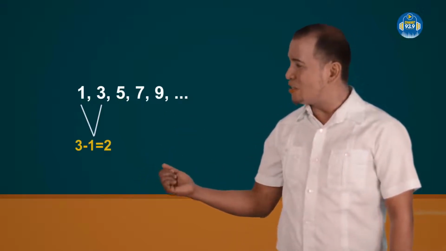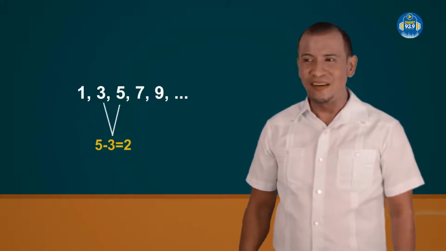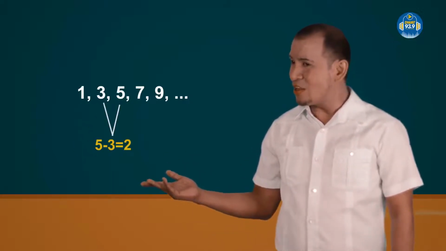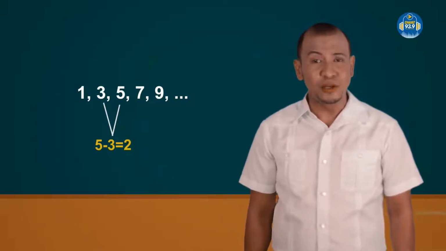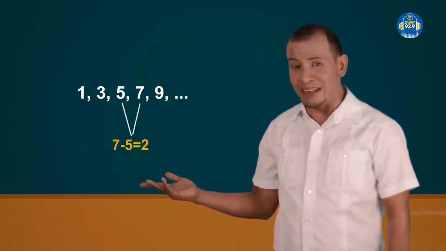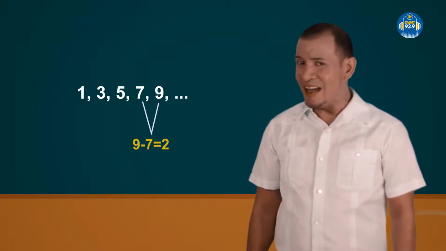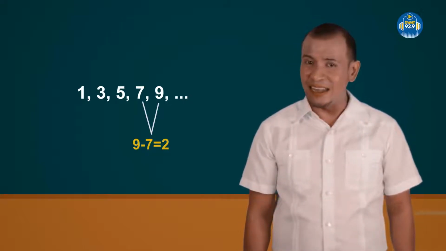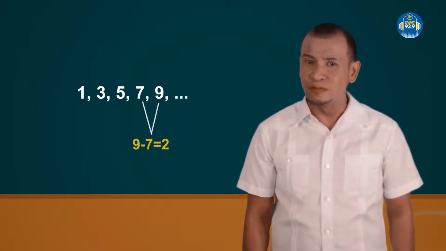So we have 3 minus 1 equals 2. Another pair, 5 minus 3 equals 2. Let's have another consecutive pair. 7 minus 5, and again, that is 2. Lastly, 9 minus 7, again, it's equal to 2.